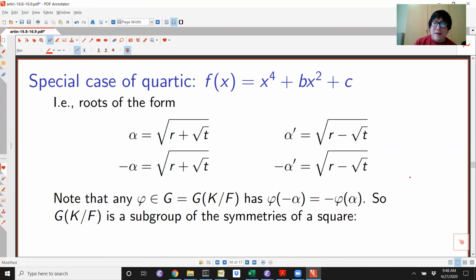If you have a quartic with no odd degree terms, x to the fourth plus b x squared plus c, and we assume that this is irreducible, the roots are going to look kind of like this. After you use the quadratic formula, they look like alpha equals, you start off with the square root of r plus root t, and then you take all the oops, oh no, I messed this up.